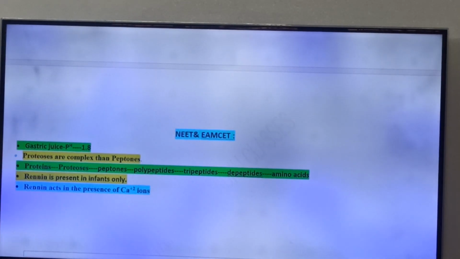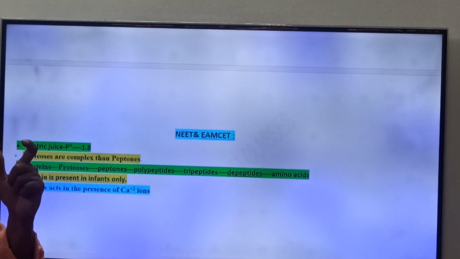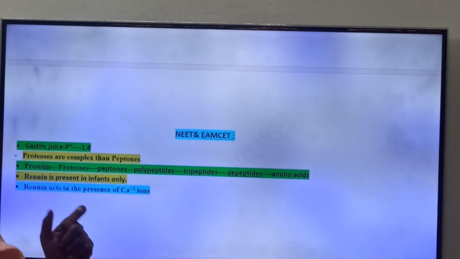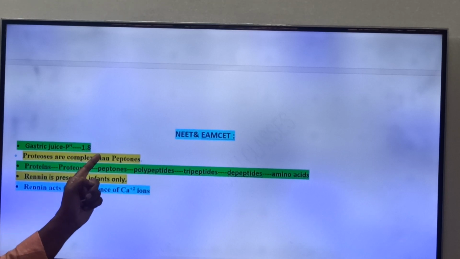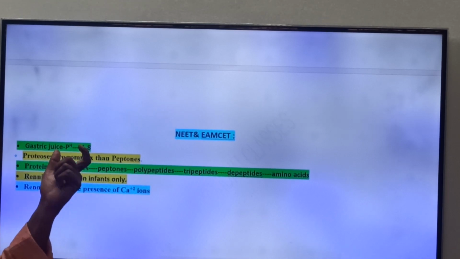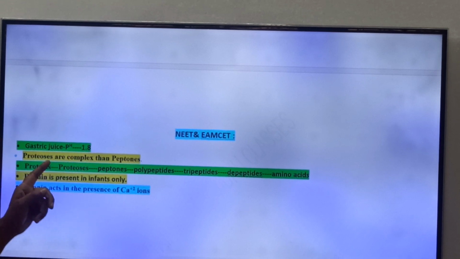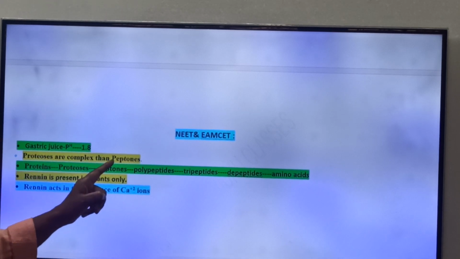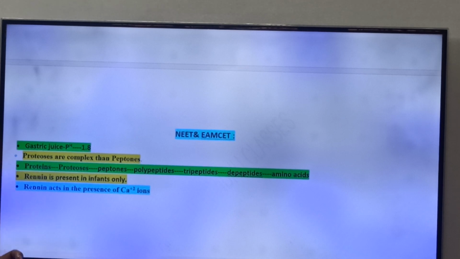Here I have given one or two NEET questions. What is the pH of the gastric juice? 1.8. So it is always acidic in nature, because it has HCl and a pH of 1.8. Below 7, it is highly acidic. Proteoses are more complex than the peptones.